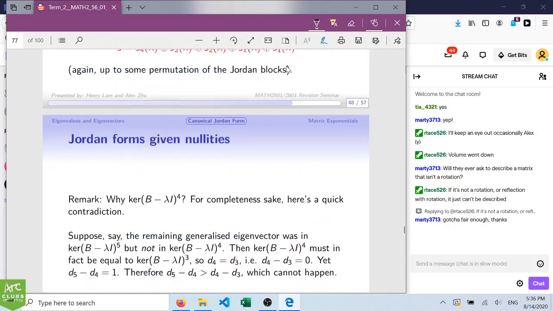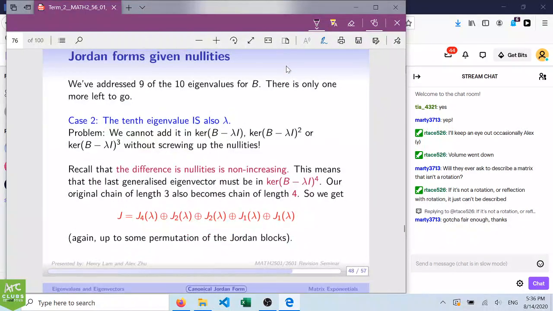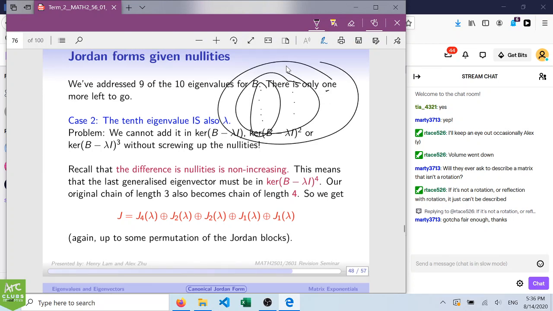So if I sketch the Jordan diagram again, 9, 5, 3, and then 1, it can't be in any of these shells. That means it must be outside. If it's outside, then it has to be connected to this one, which is connected to this one, which is connected to this one. It can't be connected to another.